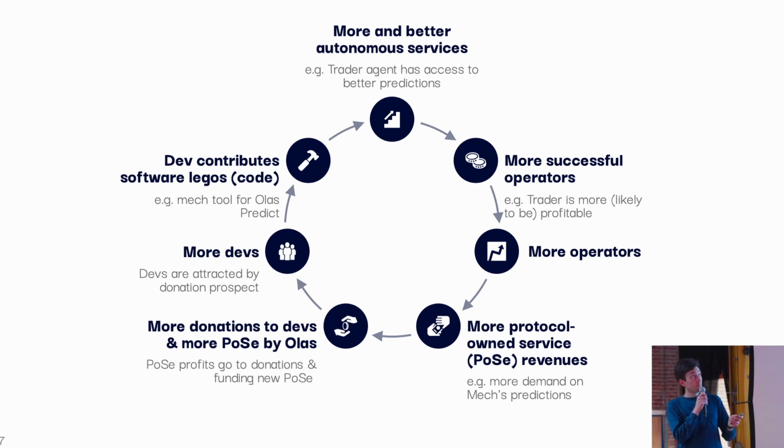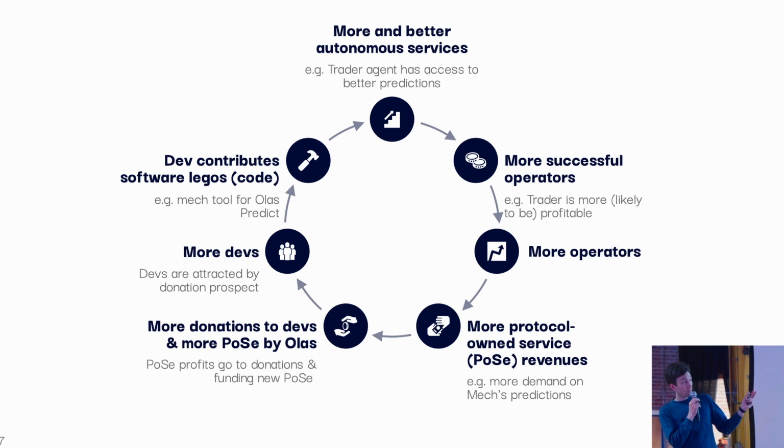Olas in particular focuses on creating more of these systems. Yesterday we had a big announcement which isn't incorporated in the slides, but it's a whole upgrade to the protocol which allows us to bootstrap more and more of these so-called agent economies and allows anyone in the room to do so.